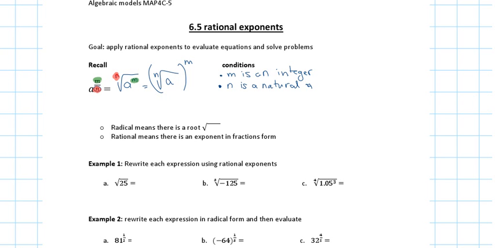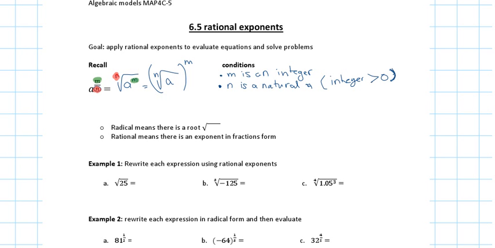So it can't be a decimal, right? It has to be a positive integer. It can't be negative either. Okay? So it's an integer that is greater than 0.